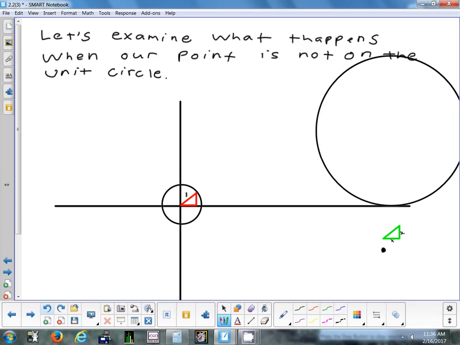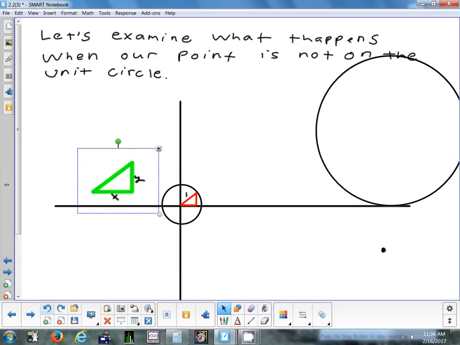All right, so now let's say we take that triangle. The one in green is exactly the same size, and all I'm going to do is make a bigger version of it. The red triangle and the green triangle are what we call similar. They're not congruent because they're not the same size, but they're similar because one is an enlargement of the other.